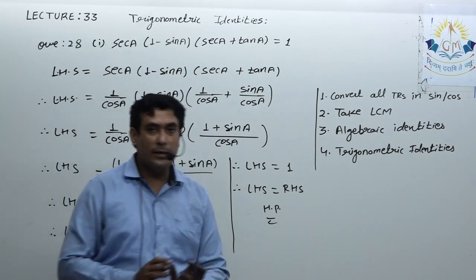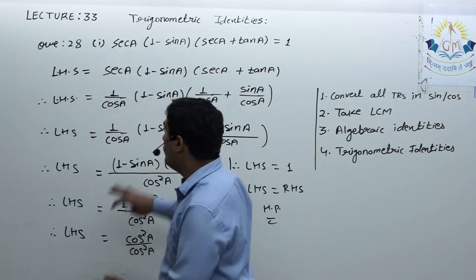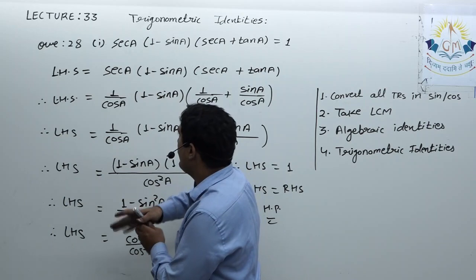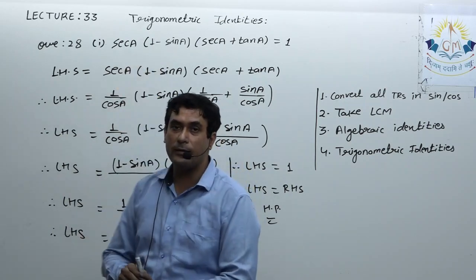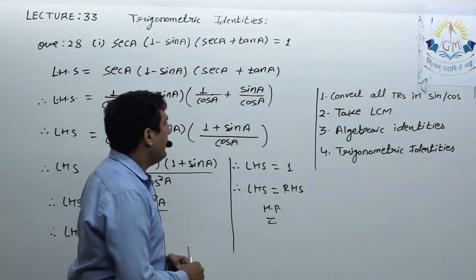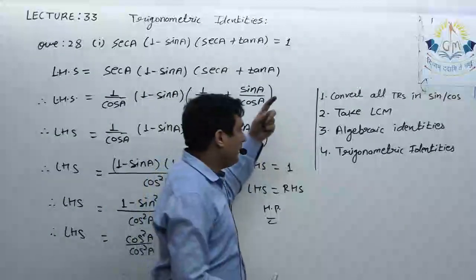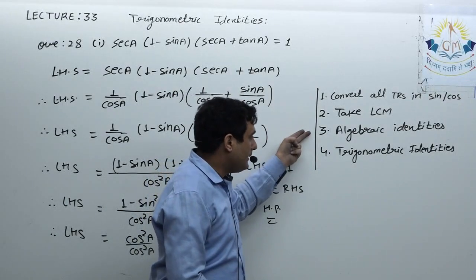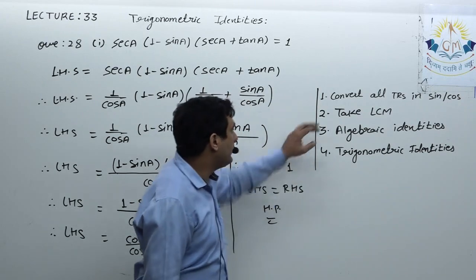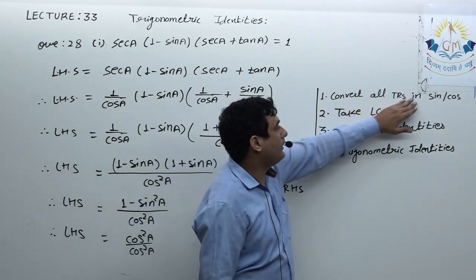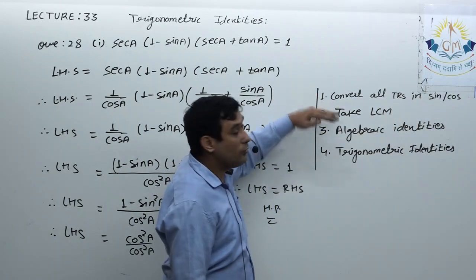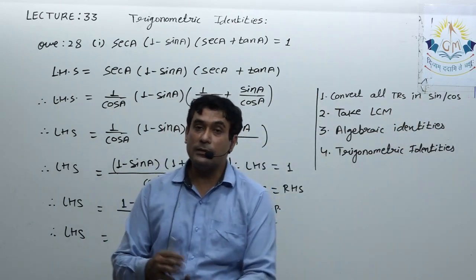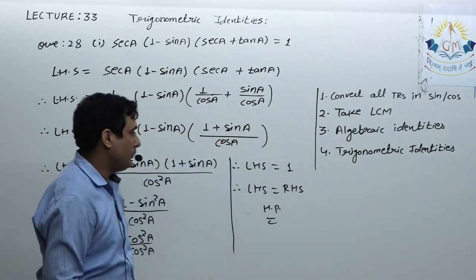So one thing is clear: if you want to get a perfect grip on this type of question in which we have to prove trigonometric identities, you must be ready with how to take LCM, with the algebraic identities and trigonometric identities, and when I say convert all trigonometric ratios into sine or cos form, it means you have to be ready with the relationship between the trigonometric ratios.